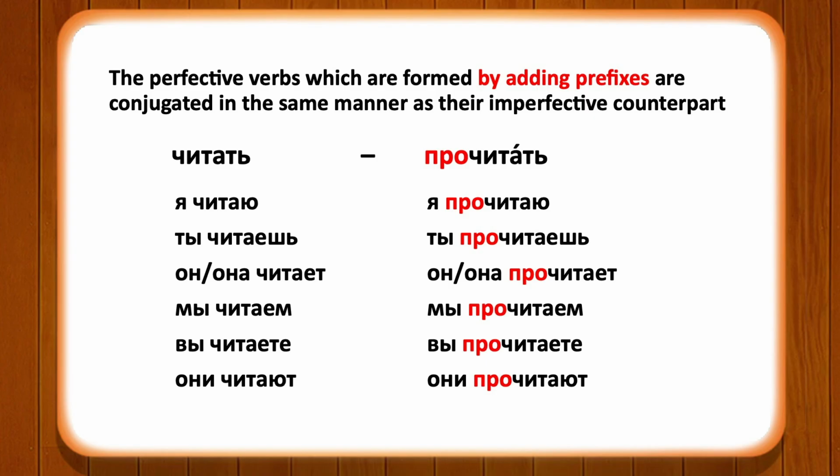So the conjugation is same as the imperfective. The only difference is for the perfective verbs you will conjugate by adding prefix in each form.